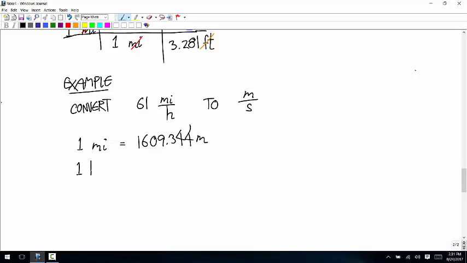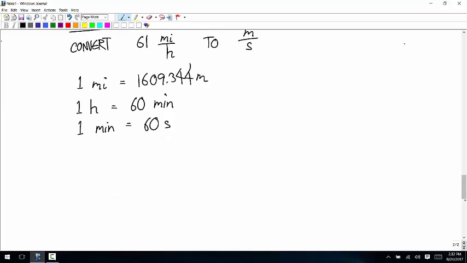And also we know that 1 hour is equal to 60 minutes, and 1 minute is equal to 60 seconds. Now we have all the equivalencies we need.